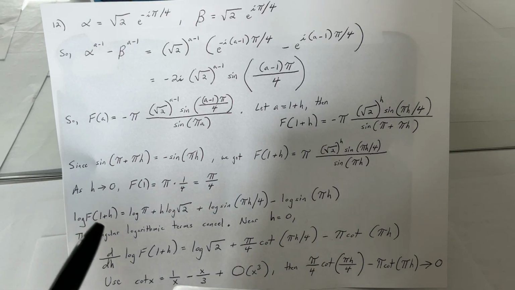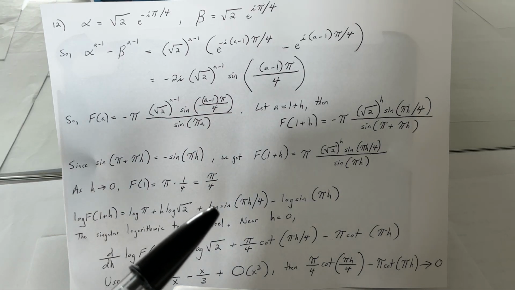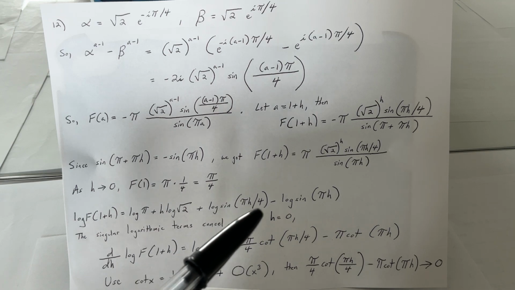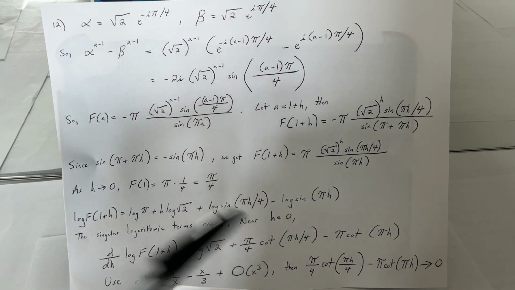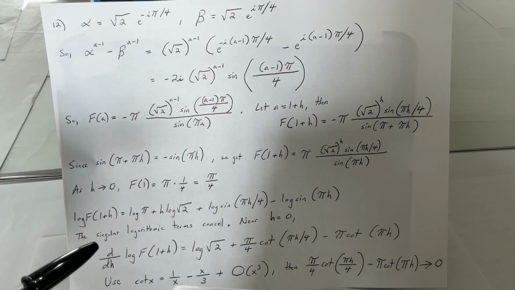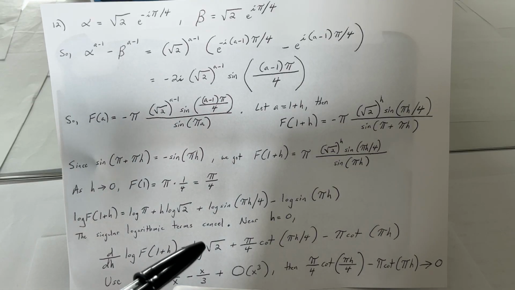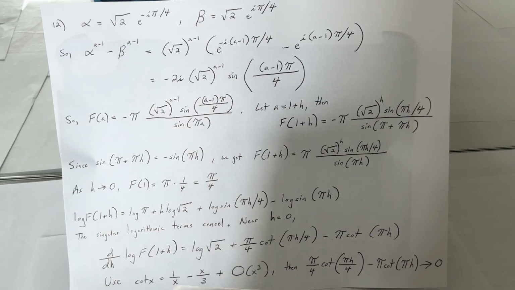So log f of 1 plus h equals log pi plus h log square root of 2 plus log sine of pi h over 4 minus log sine pi h. And the singular logarithmic terms cancel, and near h equals 0, d/dh of log f of 1 plus h equals log square root of 2 plus pi over 4 cotangent pi h over 4 minus pi cotangent pi h.